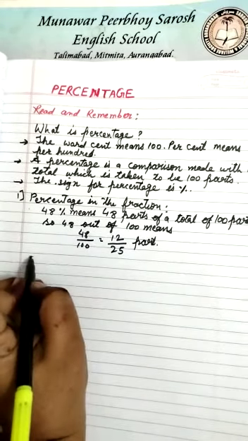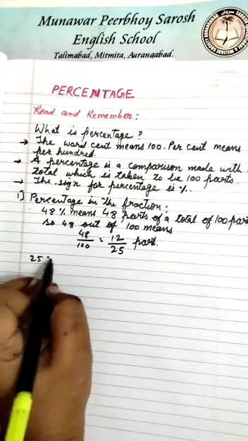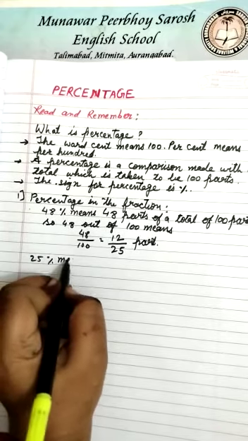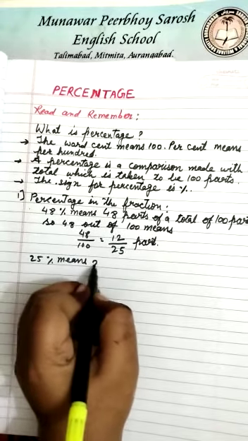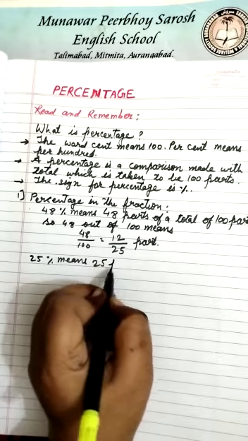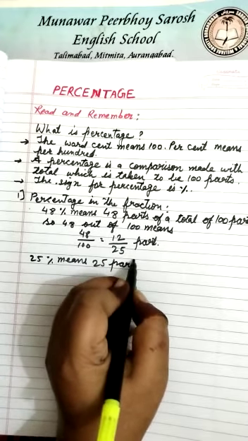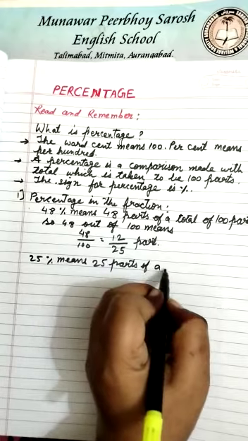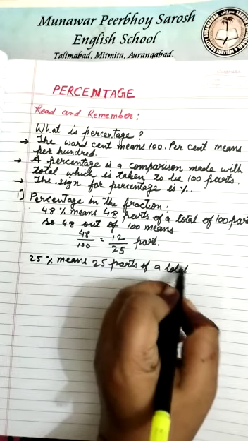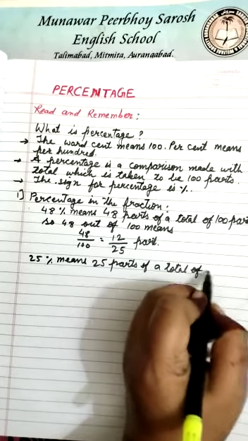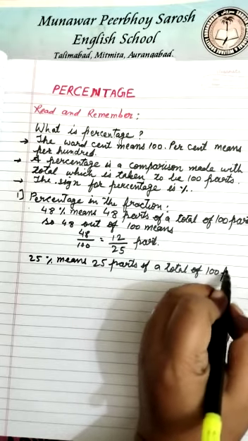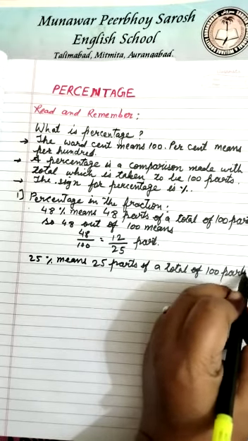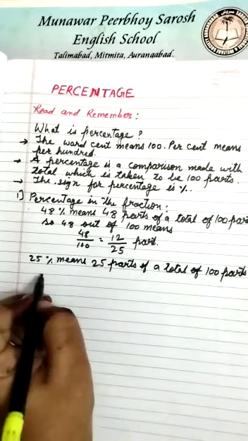Now 25% means 25 parts of a total of 100 parts.